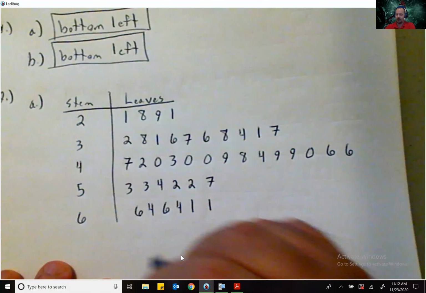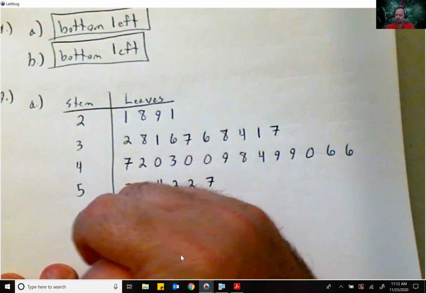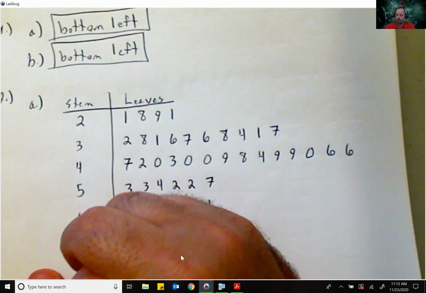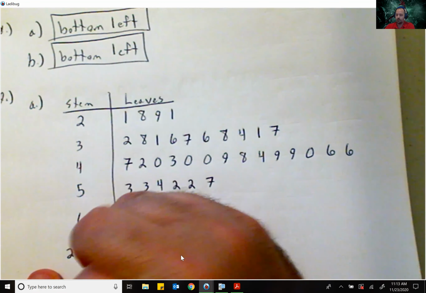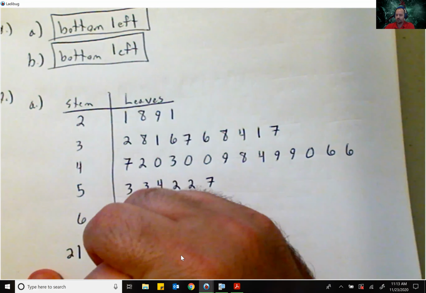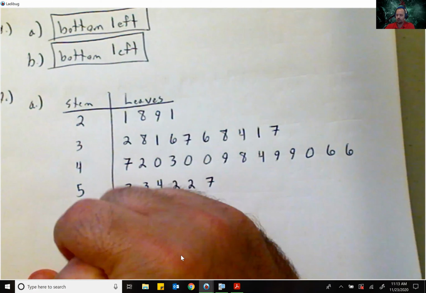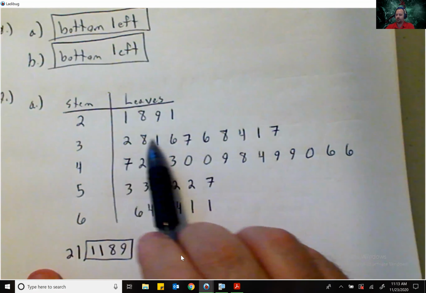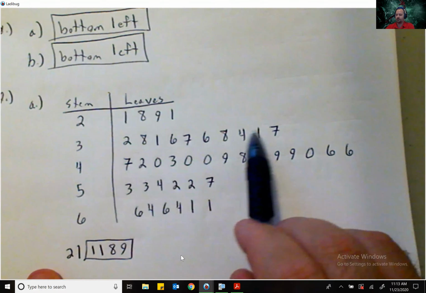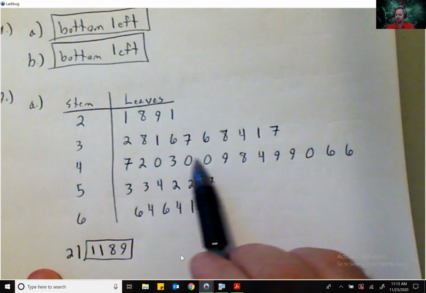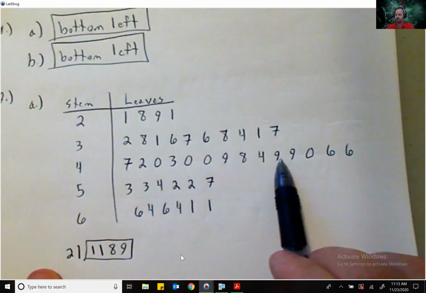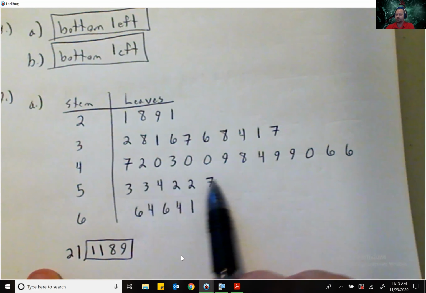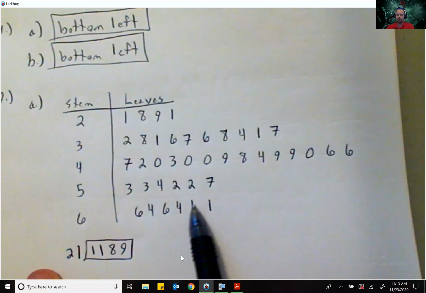So if I put everything in order, then obviously for the 2s, it should go 1, 1, 8, 9. Oh, and I've counted through 40. Good. I've got them all.